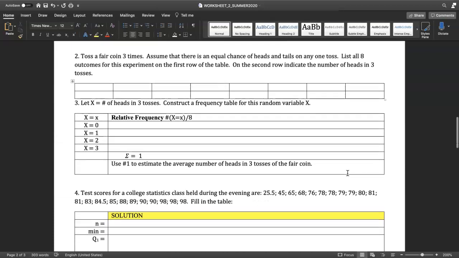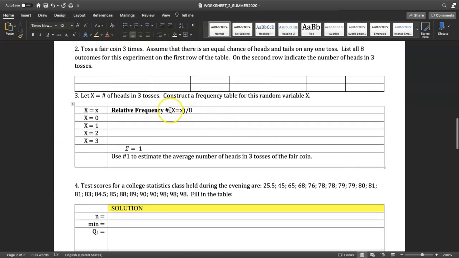Okay, now let's go to the next problem here, number 2. In this problem, we're going to shift gears a little bit, and rather than given a set of data, we're going to generate a set of data in the following way. We're going to perform an experiment of tossing a fair coin. Fair means that there's an equal chance of heads and tails on any one toss.